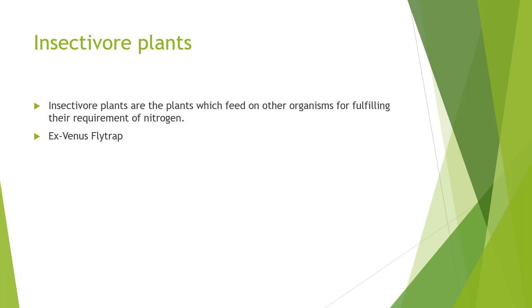The example is the Venus flytrap. What it does is it holds the organism in its mouth and secretes a juice on its body and sucks it back, and by doing this it fulfills its requirement of nitrogen.